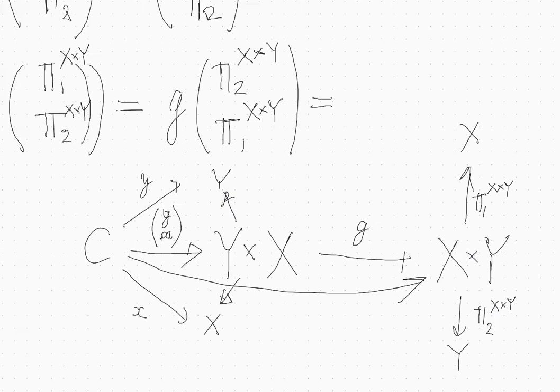So G itself is the column pi 2 x cross y, and here we have pi 1 x cross y.